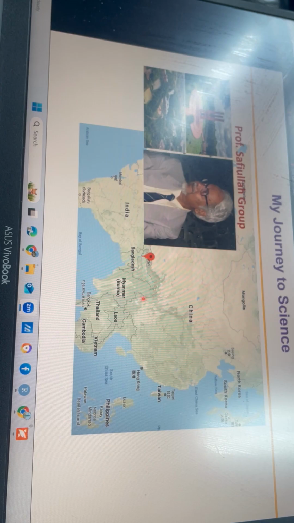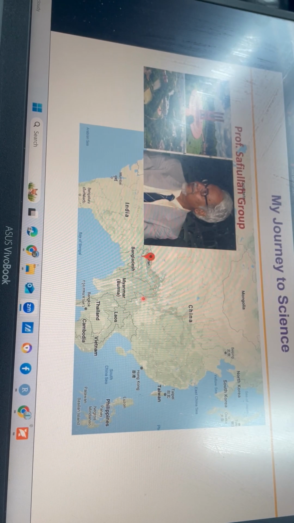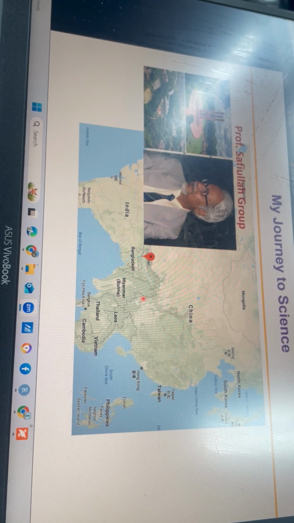Then I moved to Cantonment Public School and College in Jahanabad, in Khulna. I studied there up to seventh grade, and then I moved to Srimangal with my father because he retired from his army service, and then he started his own business in Srimangal, which is in Sylhet. So I see my childhood as very delocalized.